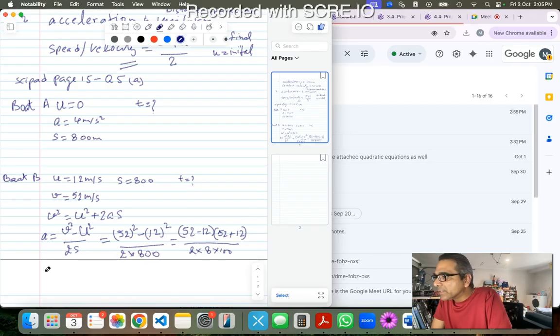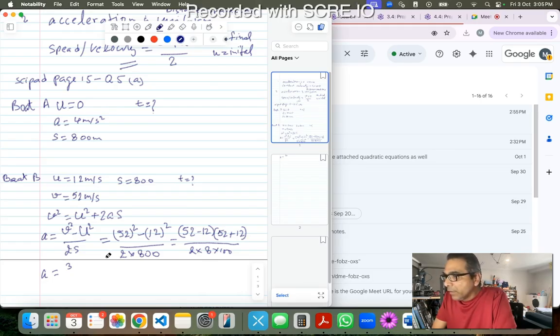In this case, a minus b will be 52 minus 12, that will be 30, right? And 52 plus 12, am I correct? That will be 64. Yeah, we will try that, but I just want to see if this is working or not.